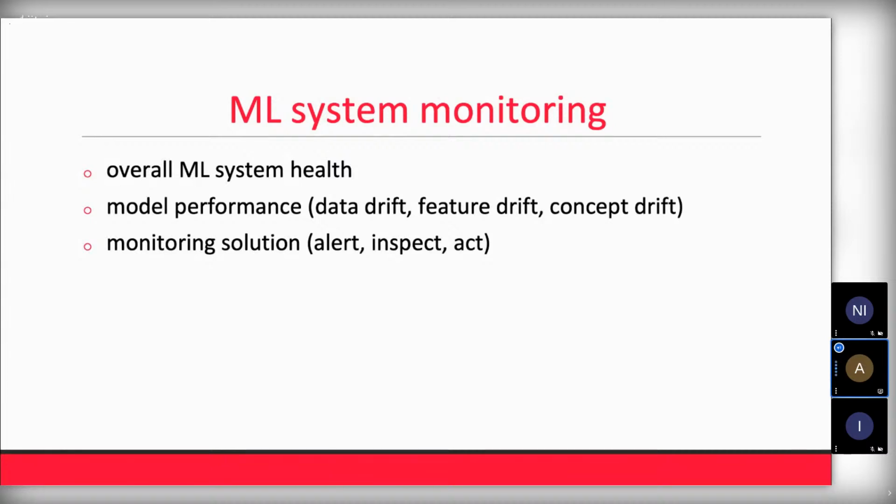What's happening is that model performance suffers from a lot of drift. There are different ways to measure this drift, and there are different types of drift as well. The problem is that there is no one specifically defined approach to do it.